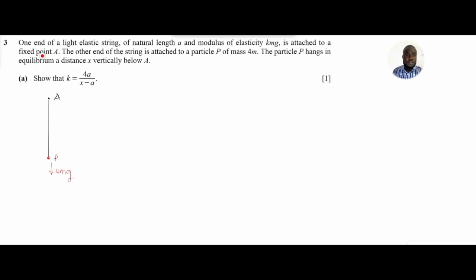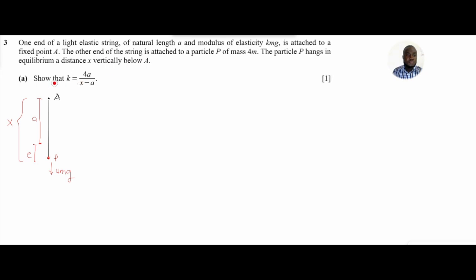The particle P hangs in equilibrium at a distance x below the level of A. So let this be the natural length of the string, and this is some extension I'm going to call e for now. And we've been told that the whole distance where P hangs is x from the point A.